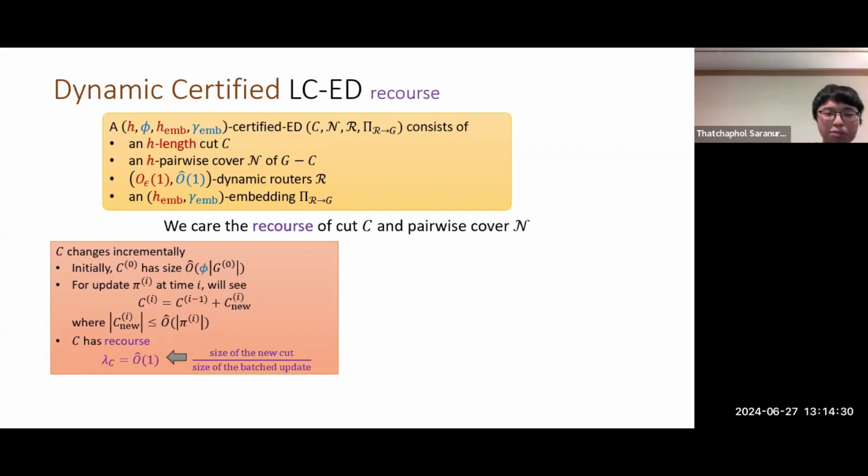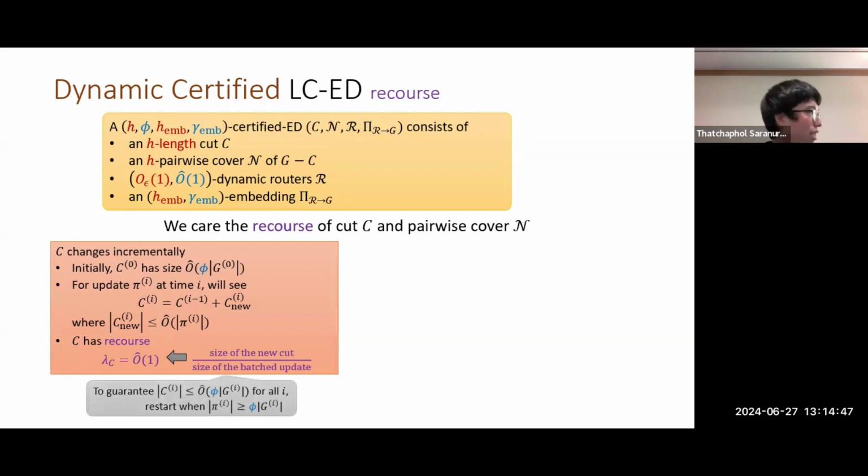Someone will ask, well, we need to guarantee that the total cut size should always be at most a 5 fraction of the graph G. But this is not hard to handle, even with this guarantee, because when the batch update becomes too large, larger than 5 times the size of G, we can just restart the whole algorithm to guarantee that the size of the cut is always a 5 fraction of the size of the graph.